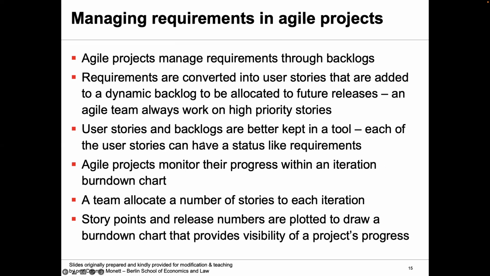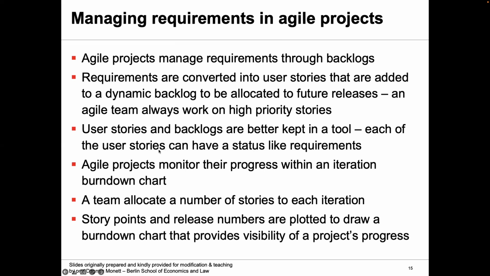User stories and backlogs are better kept in a tool. Each of the user stories can have a status like the requirements. Remember some of the statuses that we discussed for the requirements; you can have the same status approach for your user stories.